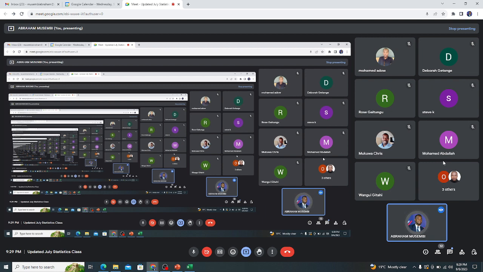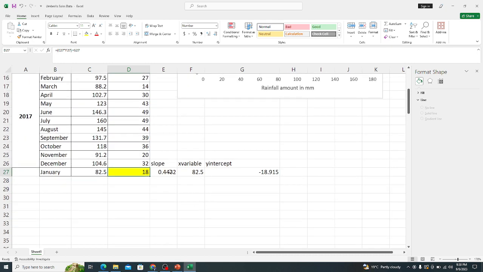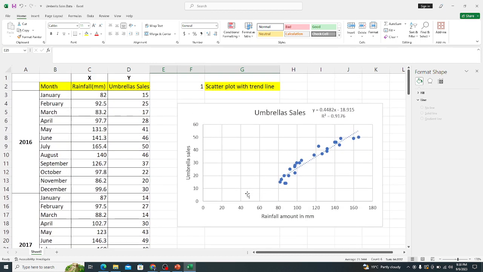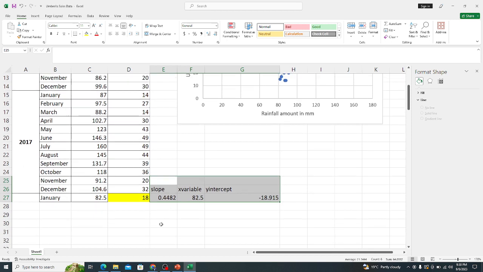Now I want us to jump to the second method and see if we'll get the same values. I will also show you the Excel inbuilt functions.